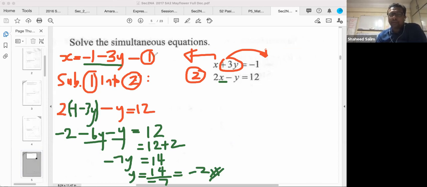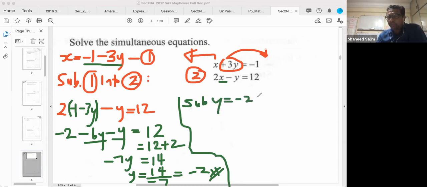Once you have found y, you can substitute this value, y equals to negative 2, into one of them. You can substitute into 1. So you write down here: substitute y equals to negative 2 into 1.